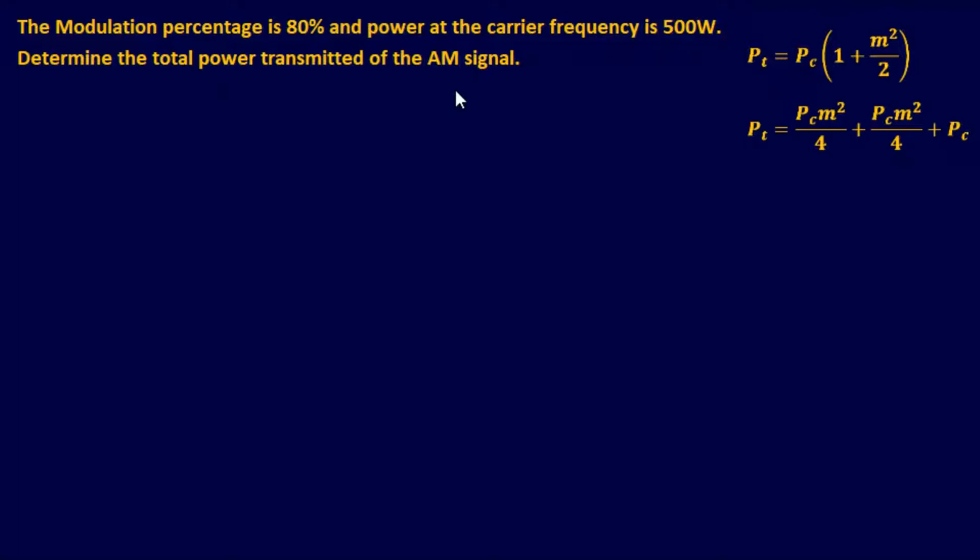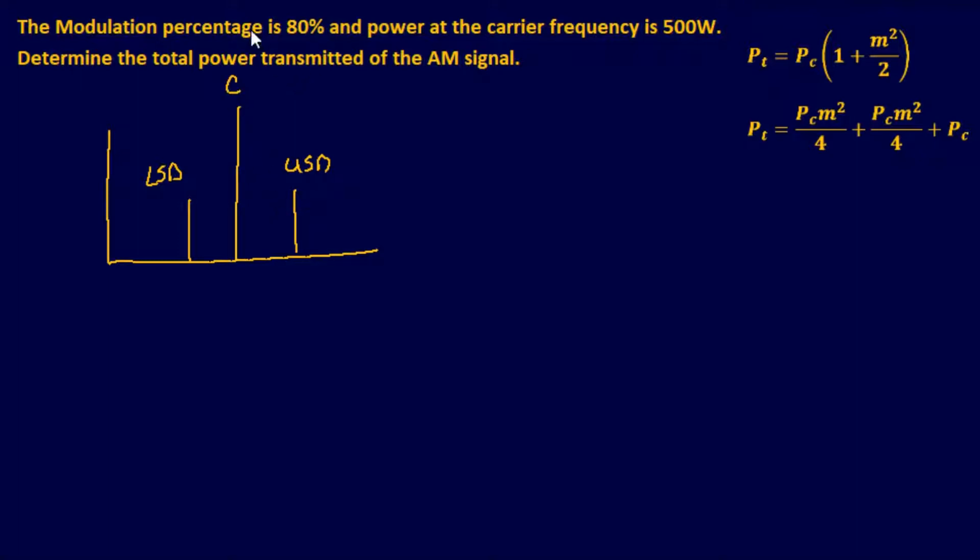Okay, that's pretty simple. Now, if we look at one of our previous slides, I showed you a diagram that looks similar to this. I had the lower sideband and then the upper sideband, and obviously the carrier. Well, the carrier has a power of 500 watts.